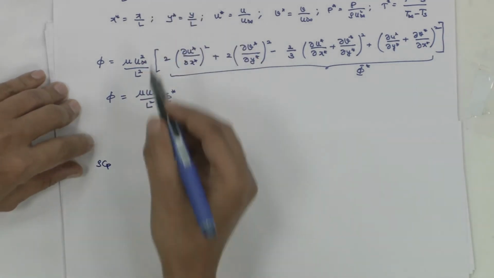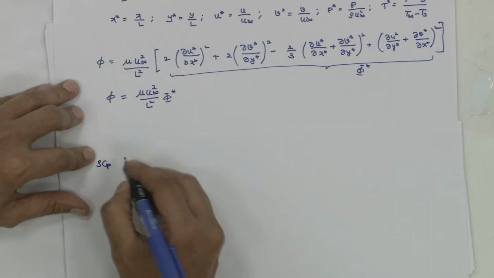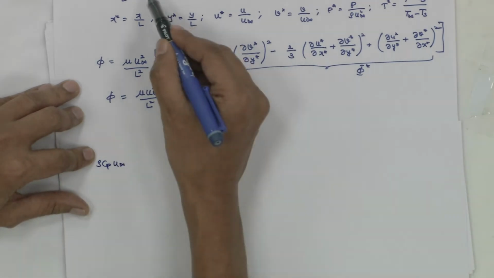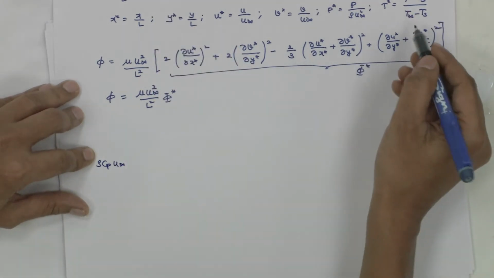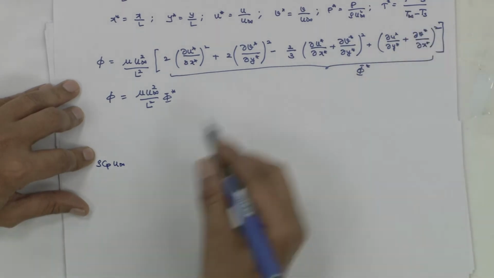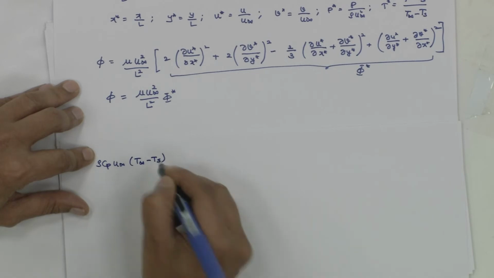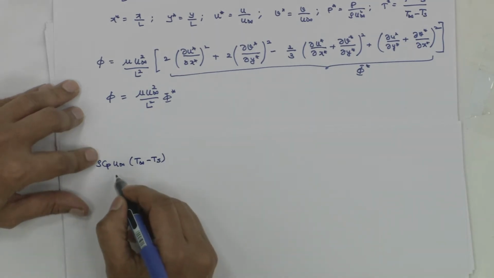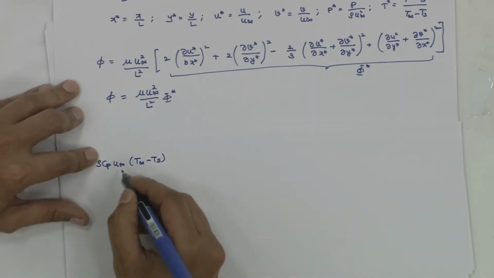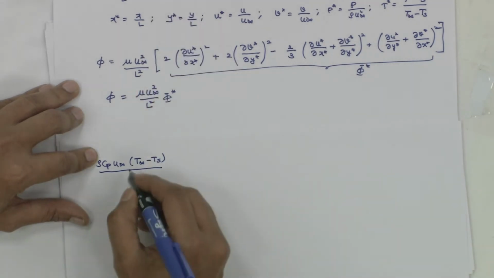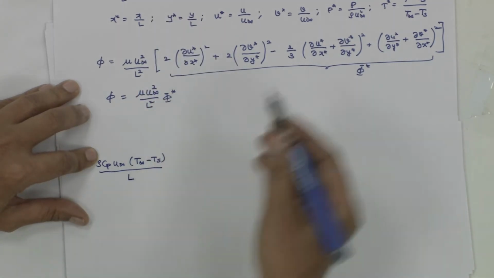For u it becomes u infinity u star. So you have u infinity, and for T it becomes T infinity minus Ts upon x star, that is L. See, how did I get this?